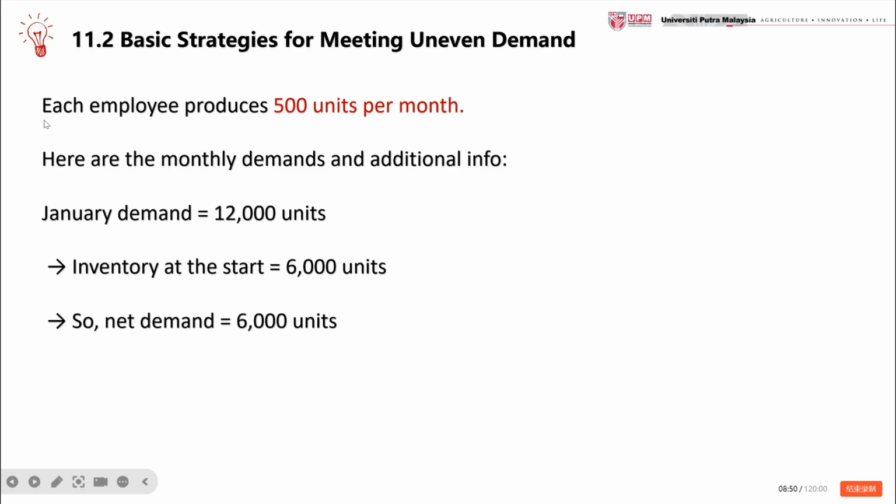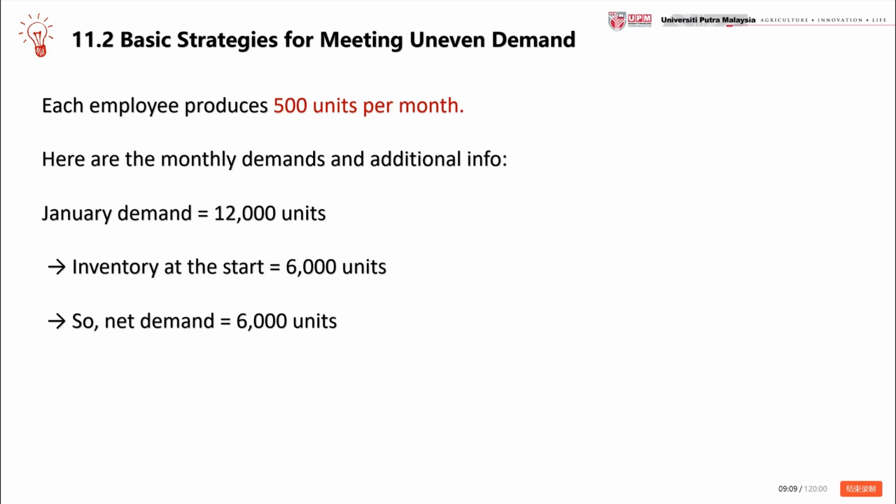In this example, each employee produces 500 units per month, and here are the monthly demands and additional info. January demand is 12,000 units, and inventory at the start is 6,000 units.